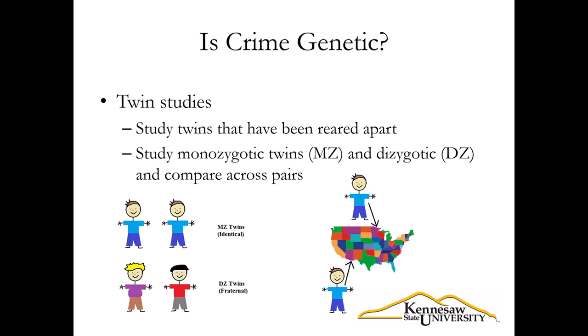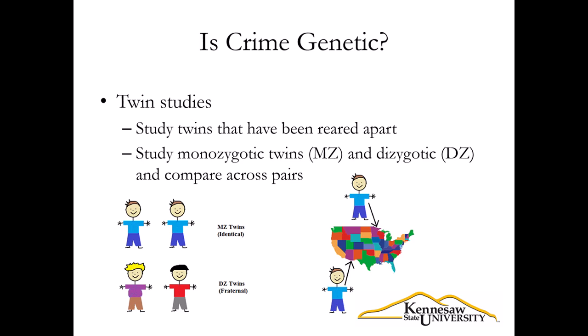Now, there's a difference between the MZ twins and the DZ twins. And the DZ twins, I believe it was the DZ twins, that have exactly the same genes. No, the MZ twins are exactly identical. Sorry. And then the DZ twins are fraternal. They have about 50% of the same genes, but they're not exactly the same, right?